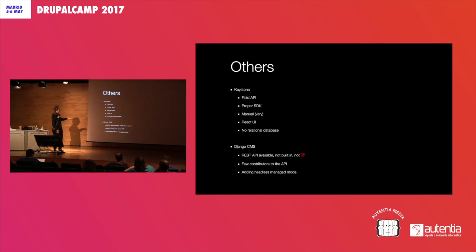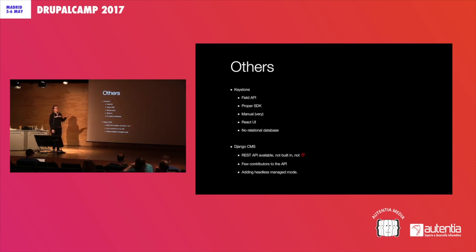The other one I see a lot of people using is Django CMS, written in Python. It has a REST API available. It's not built in. It's not 100% there yet from the last time I checked. There's only a couple of people working on it. Again, not trying to do so many complex things as we are.